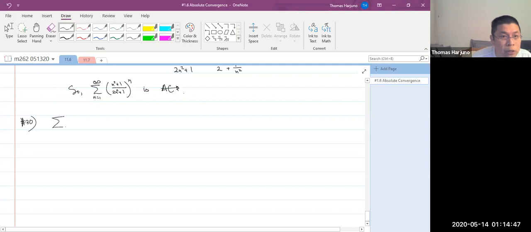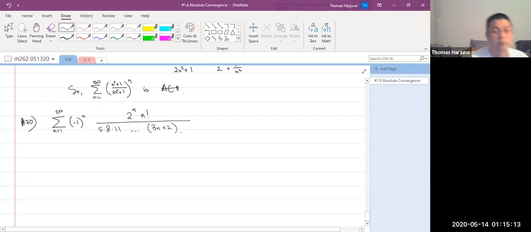Even writing the question takes forever. So this is (-1) to the n times 2 to the n times n factorial over 5, 8, 11, all the way to 3n plus 2. It has a factorial.